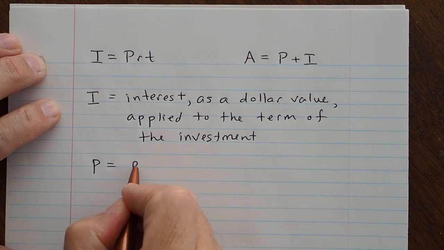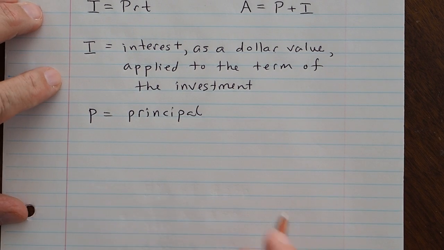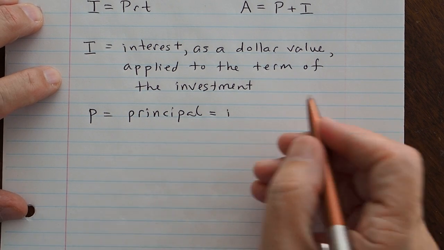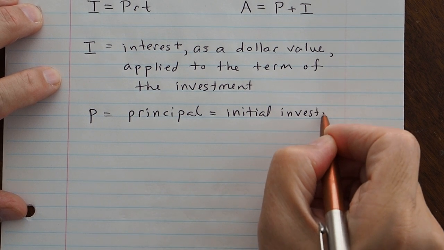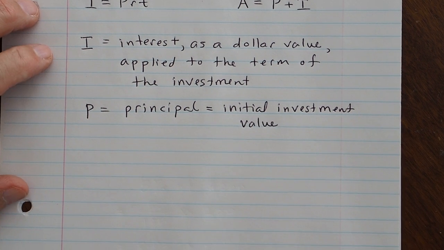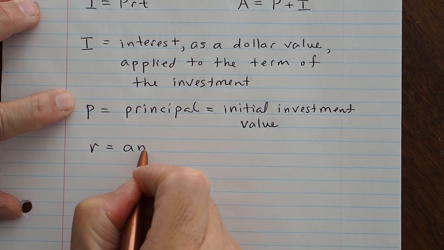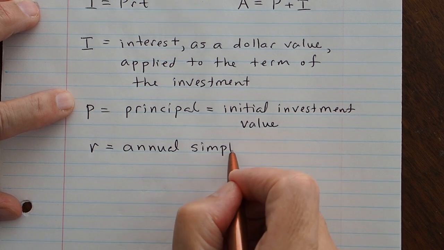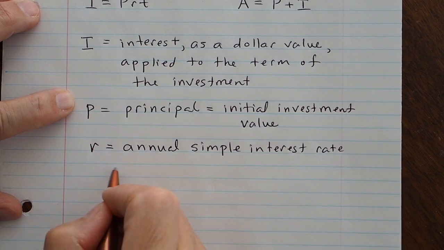P is principal. That is spelled correctly, and it is the initial investment value, or the amount that's borrowed at the start. It's the initial investment value, or as I say, the amount that's borrowed at the start of a loan term. R is the annual simple interest rate as a decimal, not as a percent.